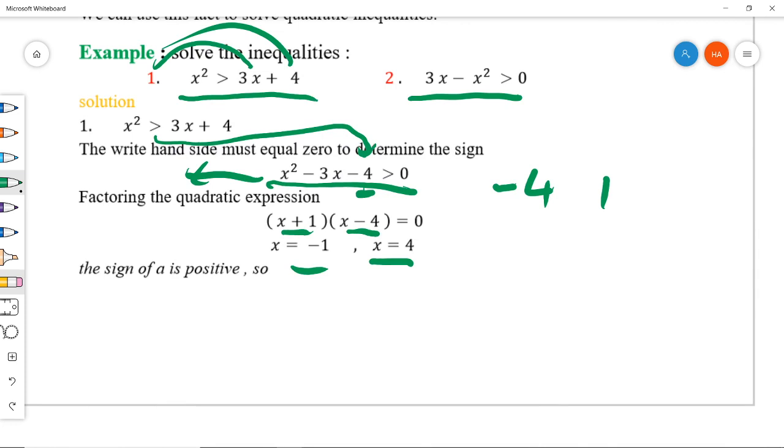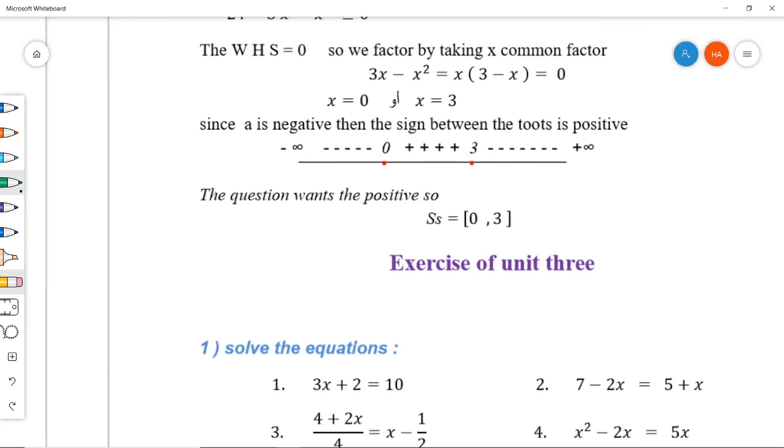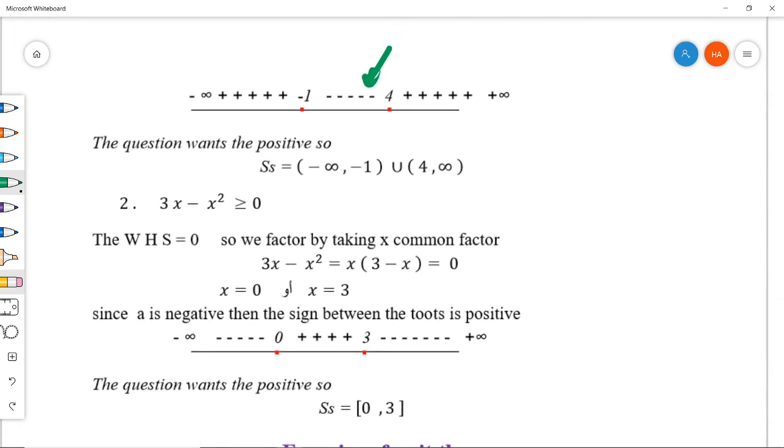A equals 1. The coefficient of x squared is 1. So the negative sign between the roots and the positive outside here.